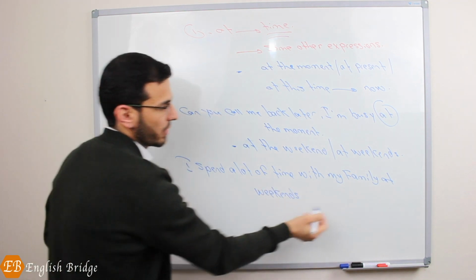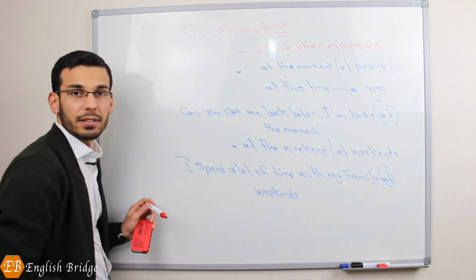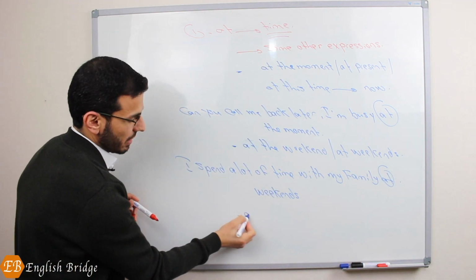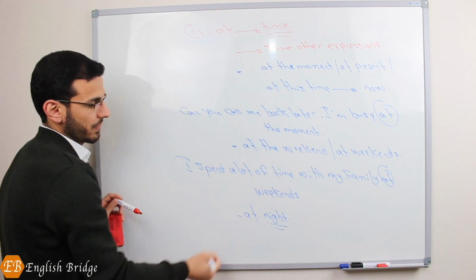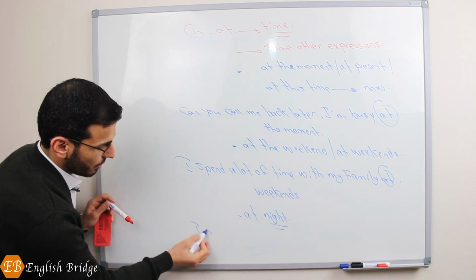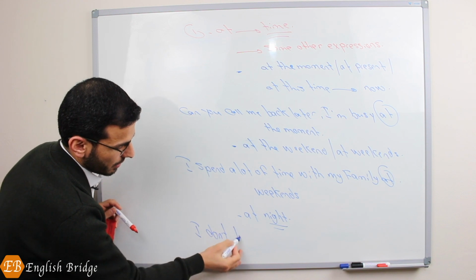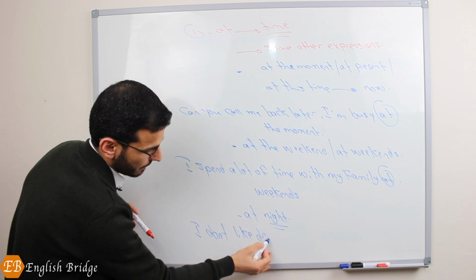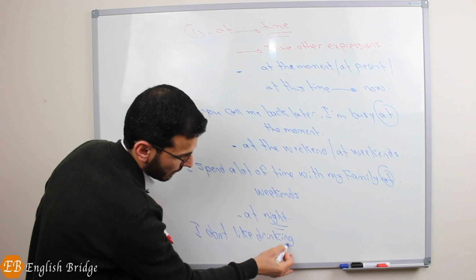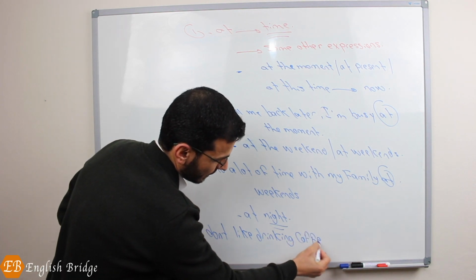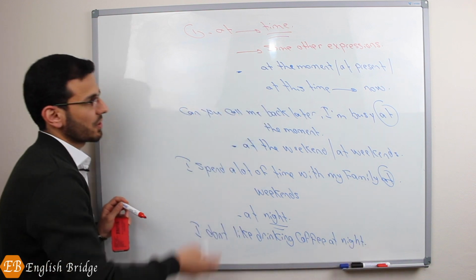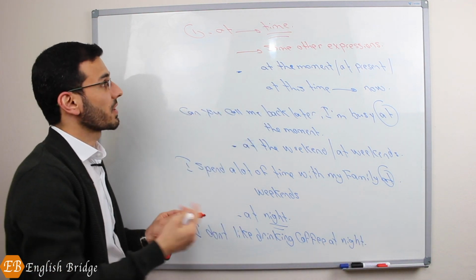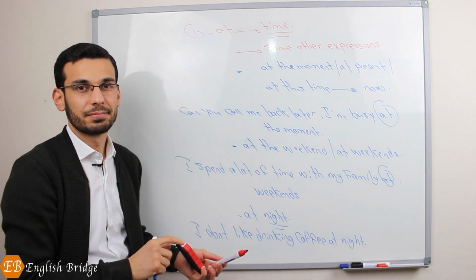So as you can see, before weekends we use at. Another one could be at night. So before night we use at. For example, I don't like drinking coffee at night. All right, so as you see, there are many expressions that we can use with at.